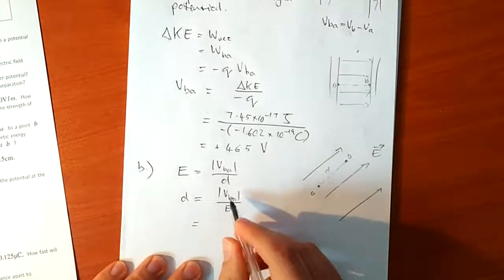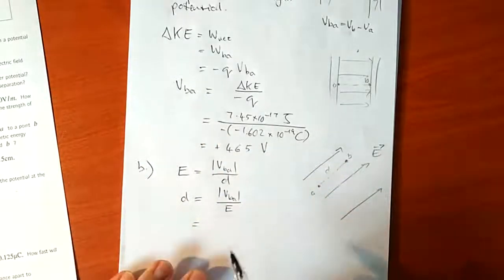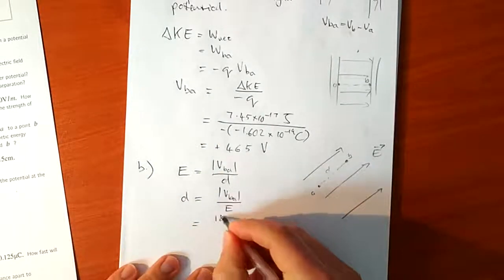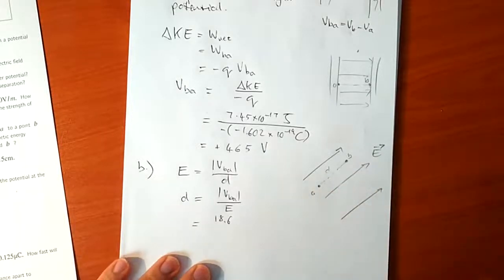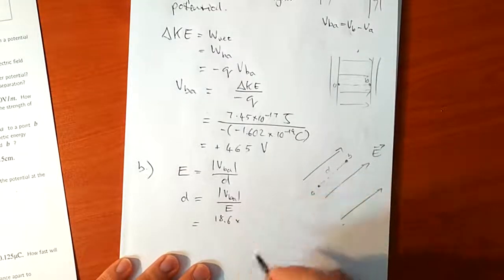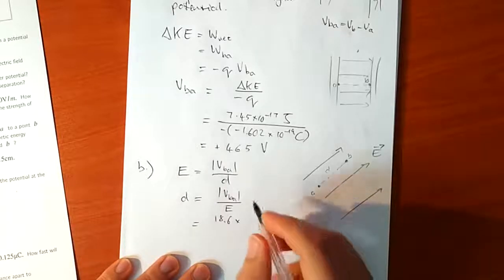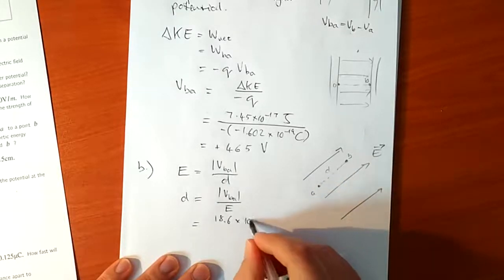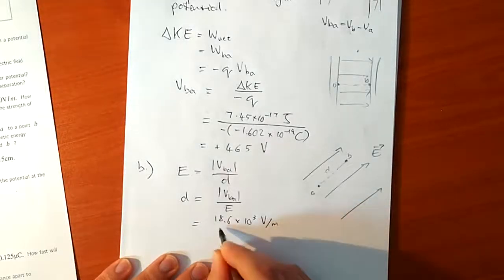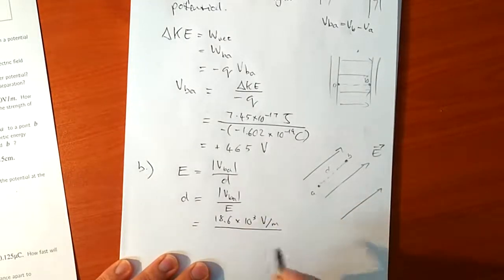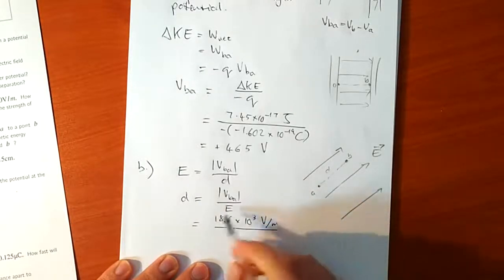Okay, now what is this equal to? This is given to us. This is the 18.6, but it's kilovolts. Now, we work in SI units, so let's convert it to volts per meter, not kilovolts per meter. So 10 times 10 to the 3 volts per meter, and over the... actually, okay, this is the wrong way around.